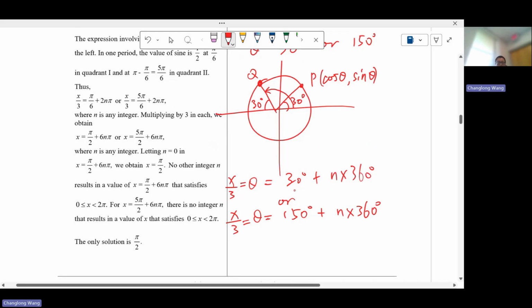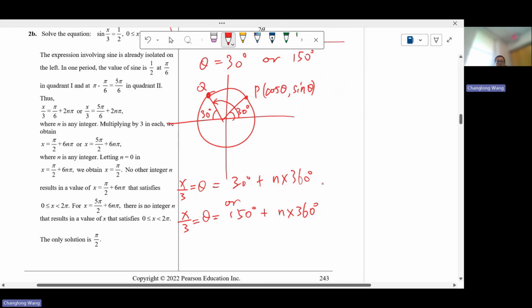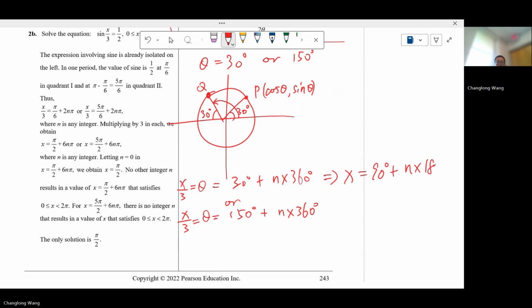Instead of dividing, you're going to multiply across the board by 3, right? You say now x is nothing but 90 degrees, I multiply 30 by 3, plus n times 1080. I got 1080 by multiplying 360 by 3.